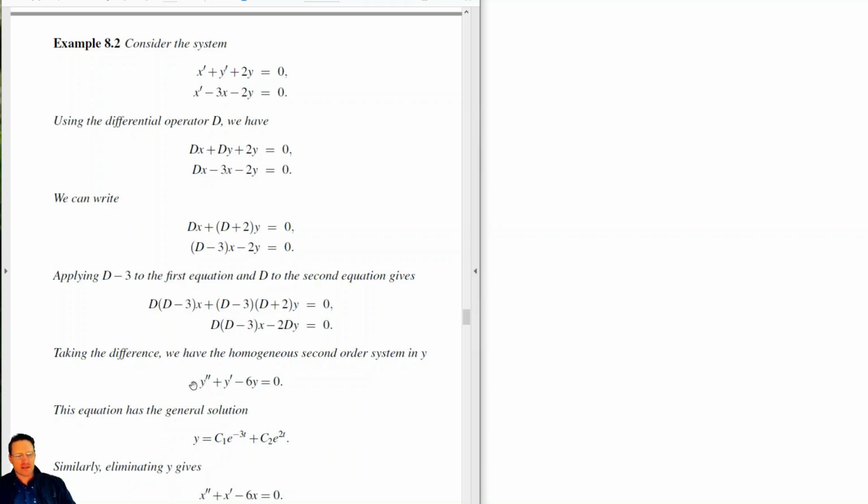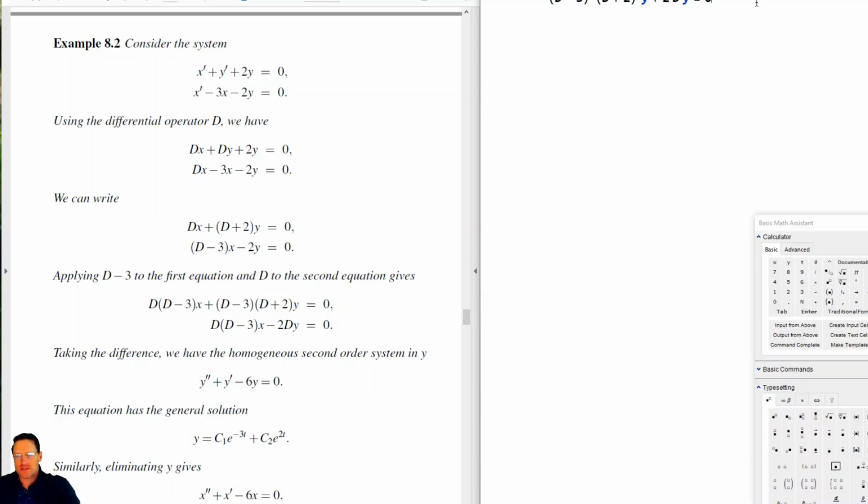Now, in the next line, I think I've probably skipped a few steps, so let's just do something here. We want to expand this out now that we have this in terms of one letter.